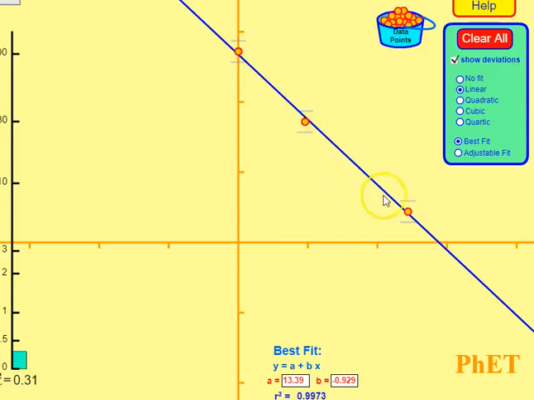Now, the other thing, look at the gradient, it's negative, right? So a negative gradient represents a negative correlation, if I may say so, which means that as x increases, y in fact decreases.